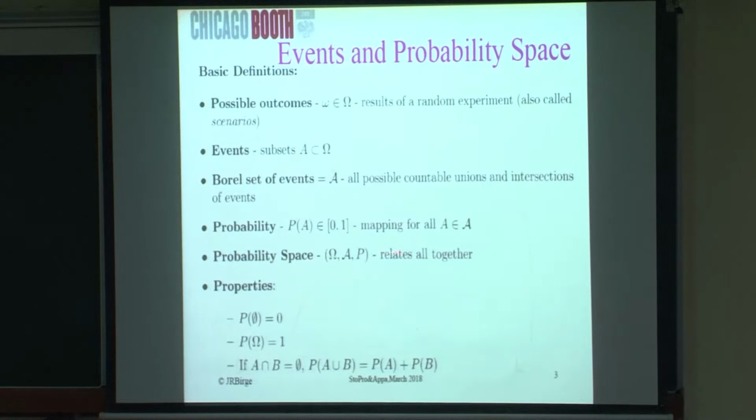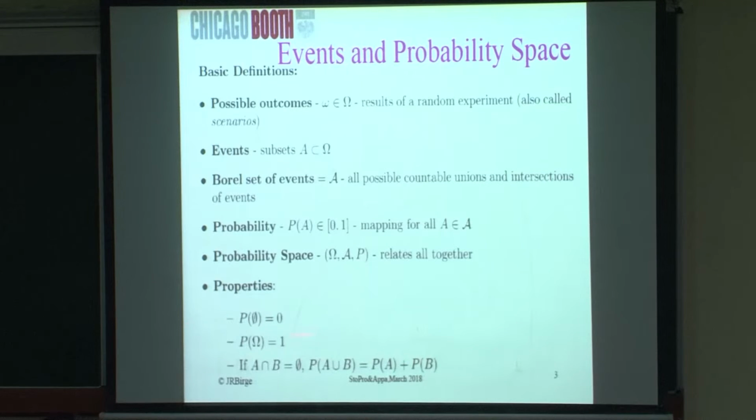Okay, and like I said, it has to obey certain properties. So those properties are that the empty set has probability 0. So we have the set of no outcomes, that's probability 0. So we have to have some kind of outcome. And if I take all of the outcomes together, that has probability 1. So all the outcomes together must have probability 1.